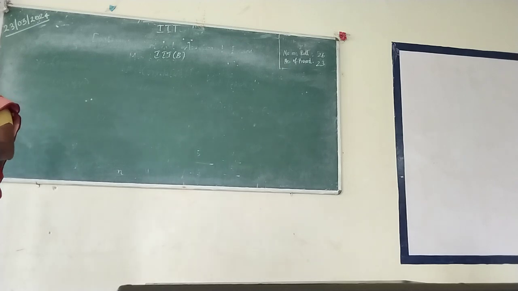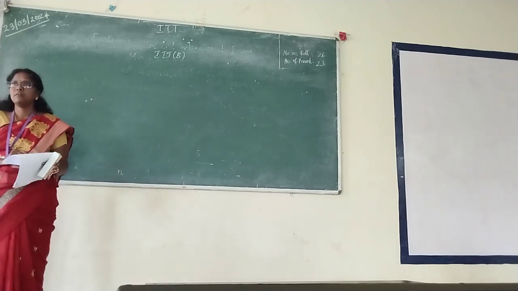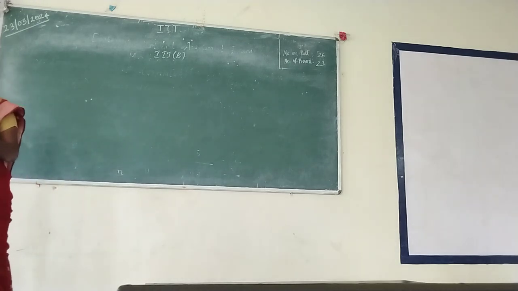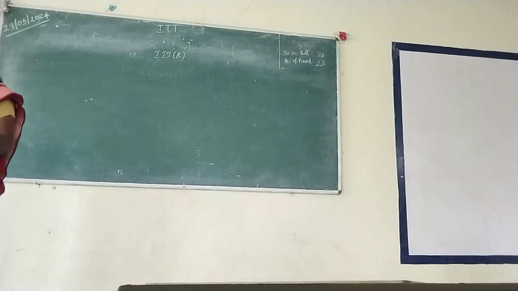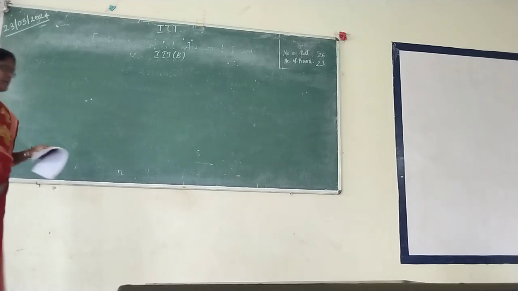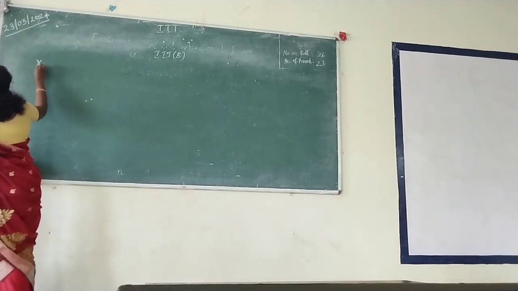Shall I repeat? Calculate the correlation coefficient for the following heights. Heights of father within bracket capital X. Father is indicated by capital X. And their son within bracket capital Y. So take down the X values.